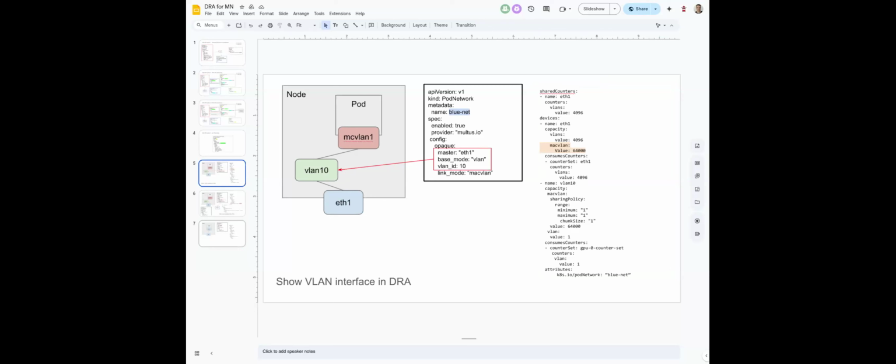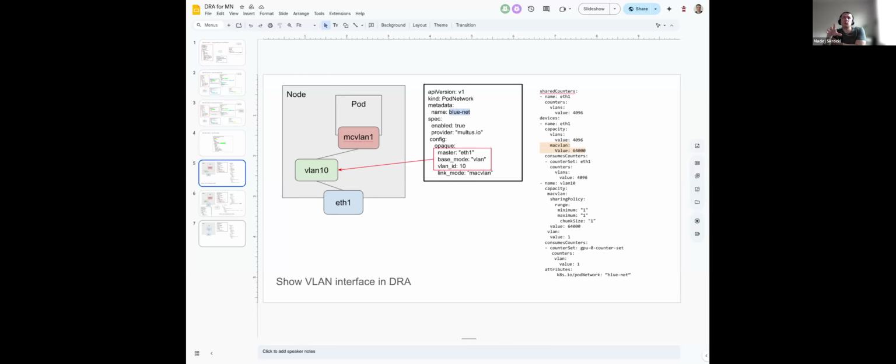I think the consumable capacity feature should be used to do that, because consumable capacity can select a whole device as a host device, or can share the device by VLAN. So both cases are supported, I think.